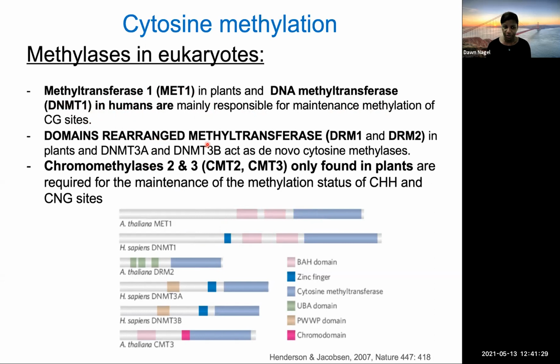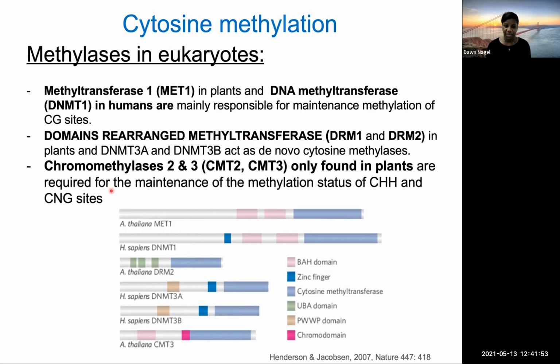We also have additional enzymes that are involved in de novo DNA methylation. So if it's going to add a new methyl mark that wasn't there before. So these are referred to as domains rearranged methylases. They're also present in mammalian cells, some conservation with plants, right? So this blue is what's conserved.